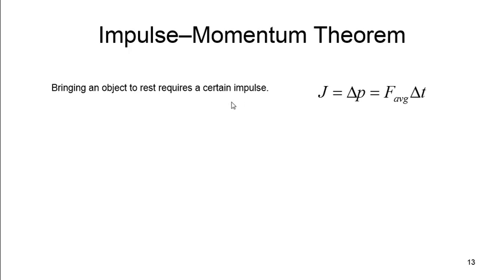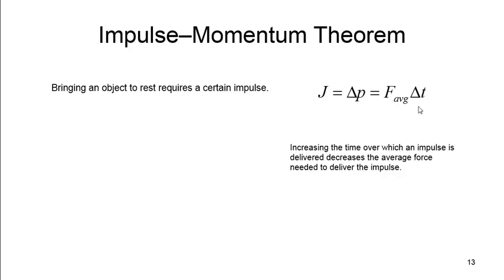In the previous example, the impulse was the same because we were bringing the same objects at the same initial speeds to rest. But impulse is equal to the average force times delta t. And in those three cases with the egg, delta t was different, which means the force on the egg was different, which is why sometimes it cracked and sometimes it didn't crack.